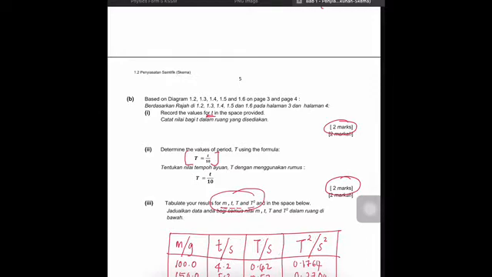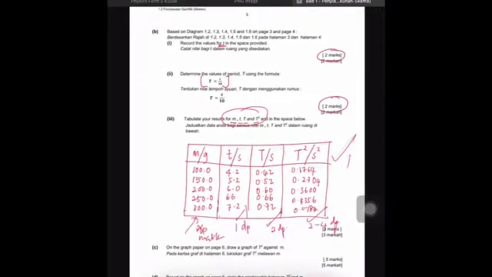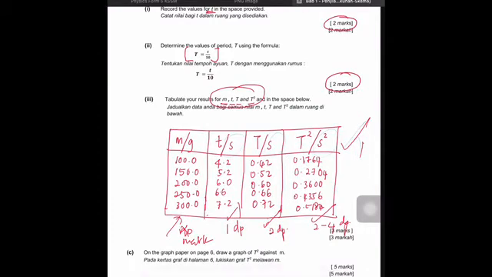Okay or not? Okay, this one and this one. So here 1 mark. So here 1 mark. The decimal places over here, 1 mark. This one 1 mark. So total 3 marks.